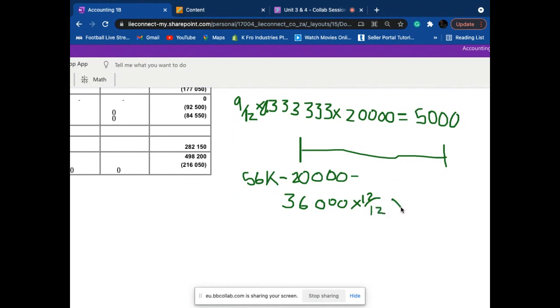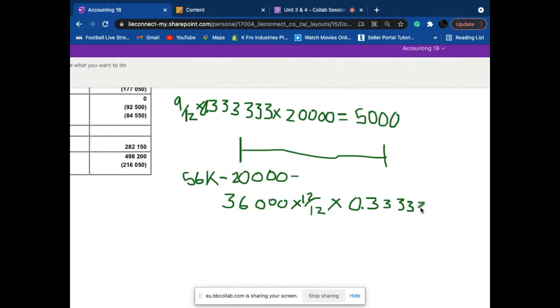And then times, again, 0.3. How many threes did we use? 6 threes. Okay. And then, so what is the depreciation that we get on the 12,000?